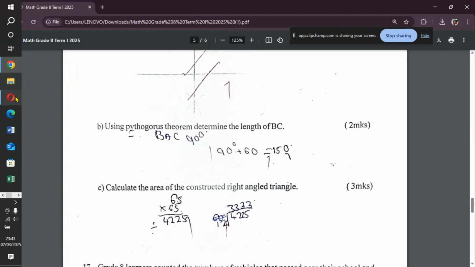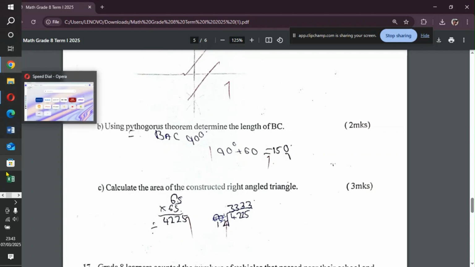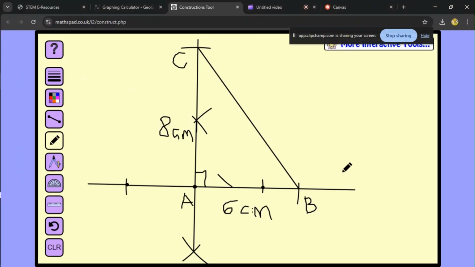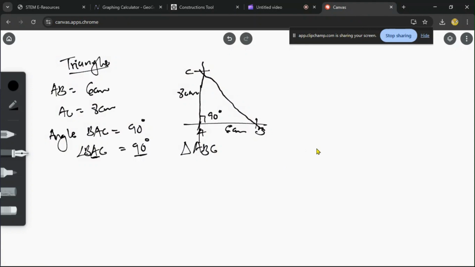So I'm using Pythagoras theorem. I know that Pythagoras theorem is a squared plus b squared is equal to c squared. This is our a, this is our b, then this is our c.